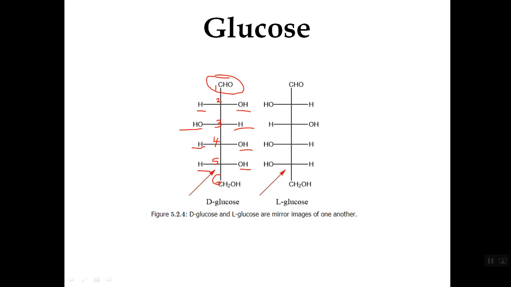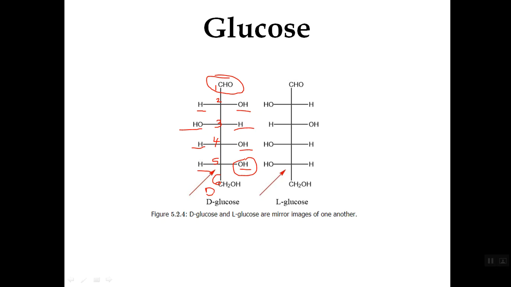At C6 you have CH2OH, and here the structure is linear and you will find the functional groups projected on either side of the carbon skeleton. And we know that for the last but one carbon atom, if it has the OH towards the right side, it is called a D sugar.